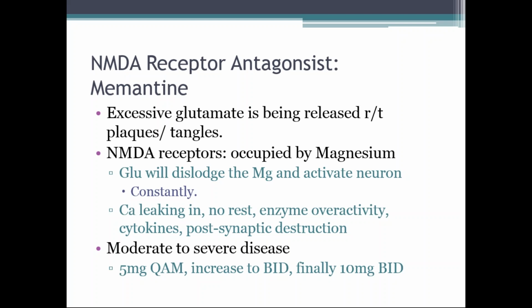Stahl's page 535 is what this slide is referring to. And it gives you a picture, an example of a normal resting neuron state. But then he gives you a depiction of, with Alzheimer's, when there is this excitotoxicity in this inflammatory state, how essentially a little bit of glutamate is constantly being released.